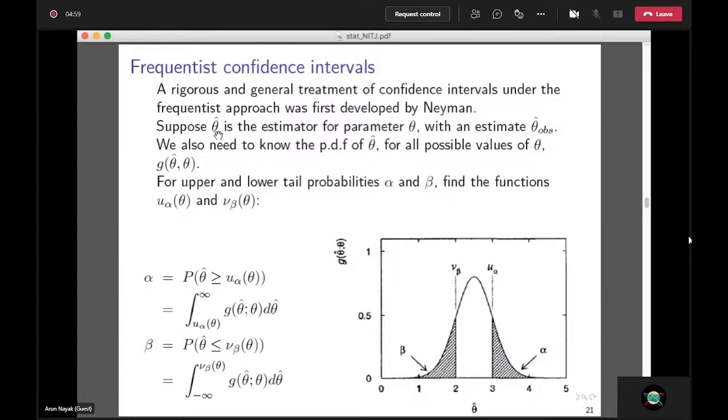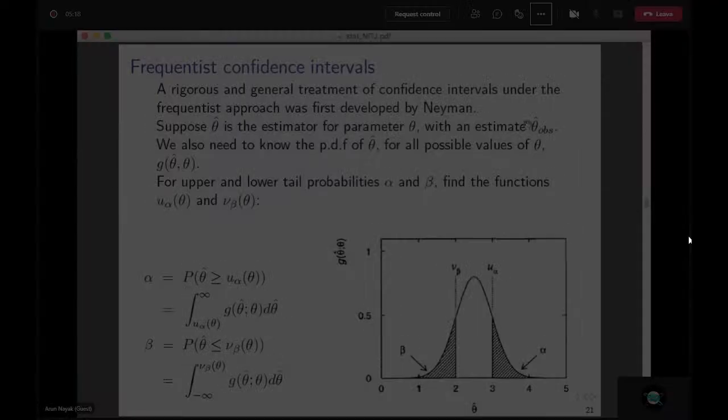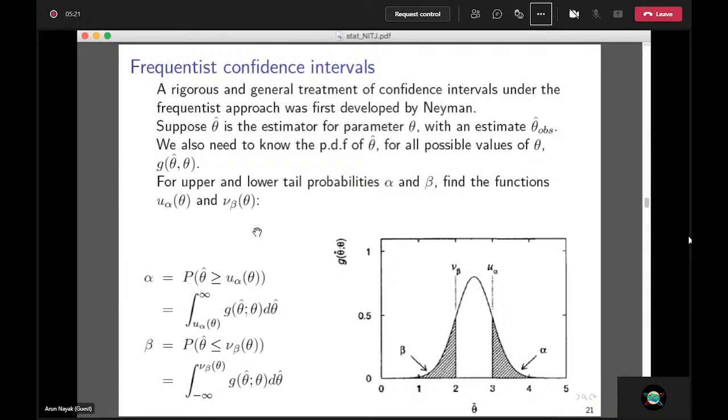Suppose you have a theta hat, the estimator for parameter theta, for example a maximum likelihood estimator, and we observed an estimate, theta hat observed, the estimated value of theta hat from the data. We also need to know the PDF of this estimator for all possible values of theta. Such a PDF we can write as g of theta hat given theta.